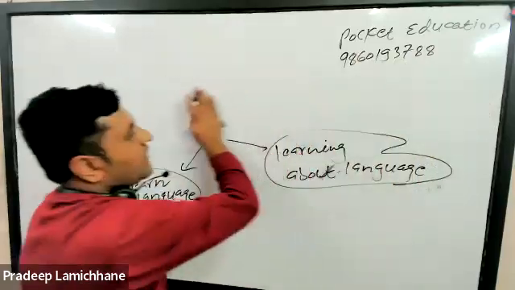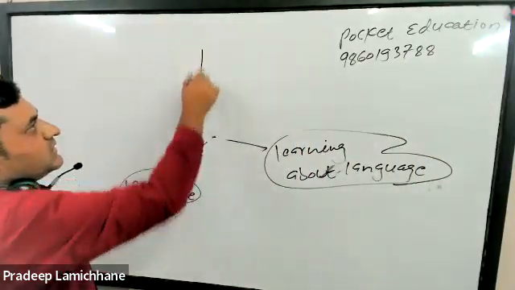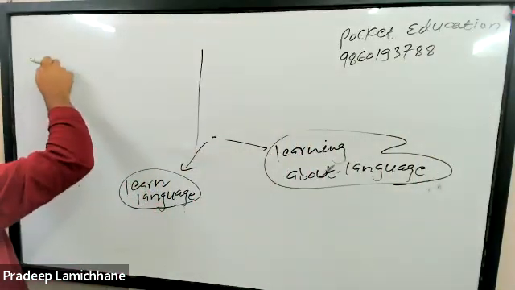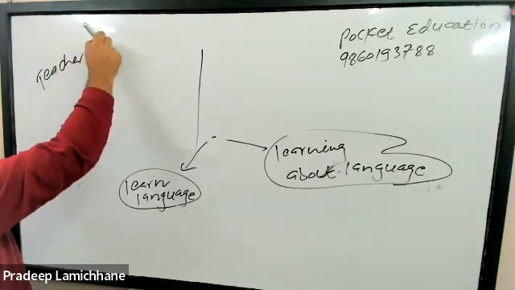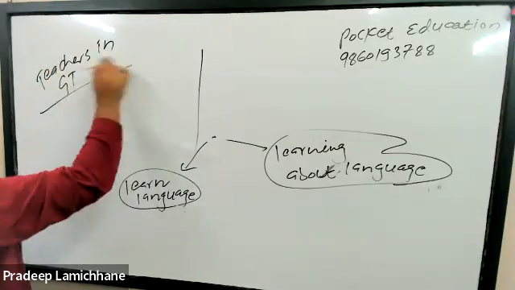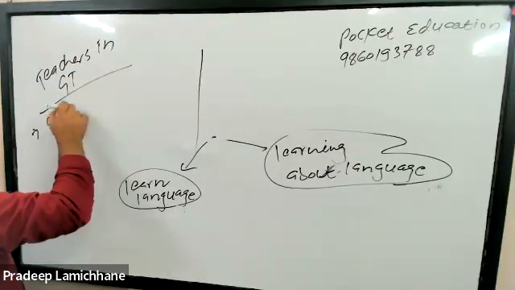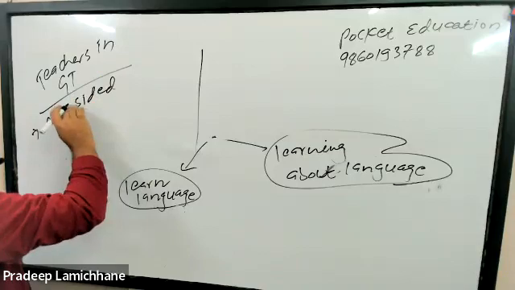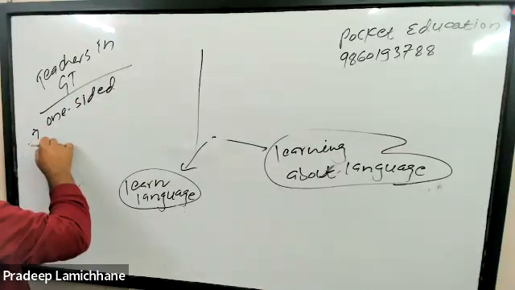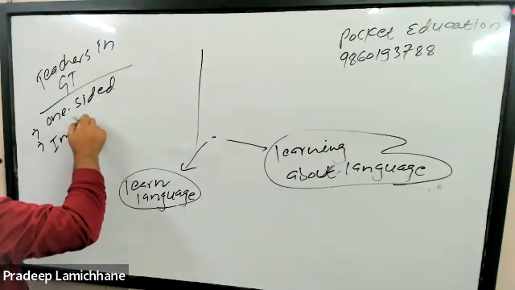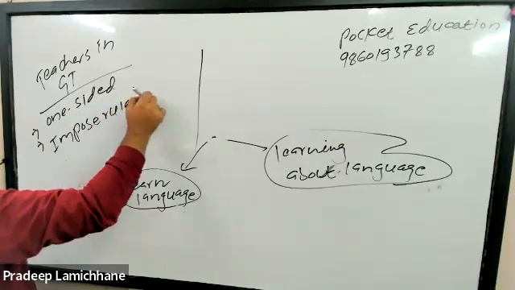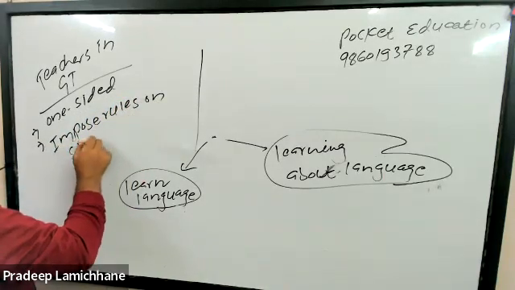Now you have to see the teachers in GT. In grammar translation method, teachers are often one-sided. Teachers impose rules on students.